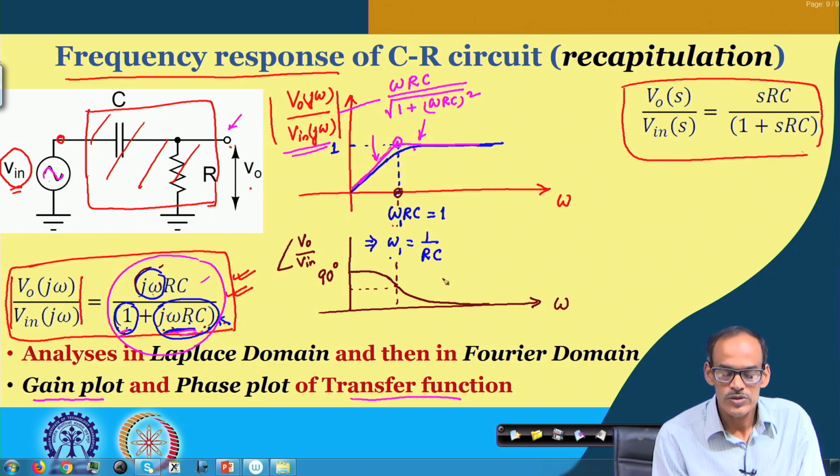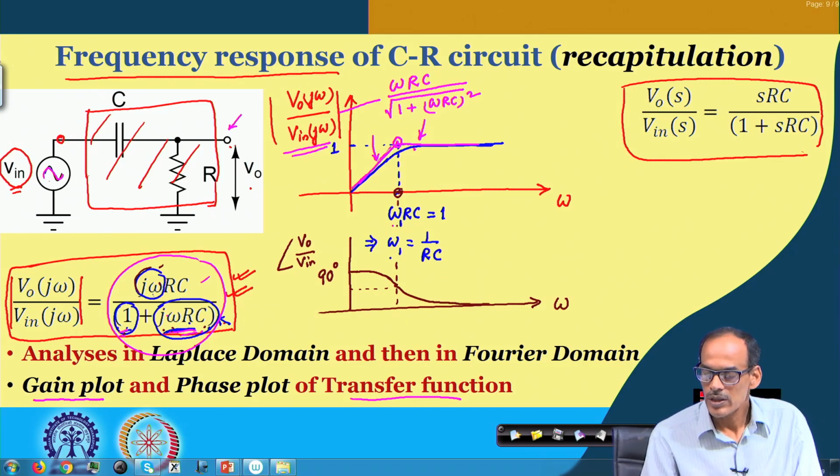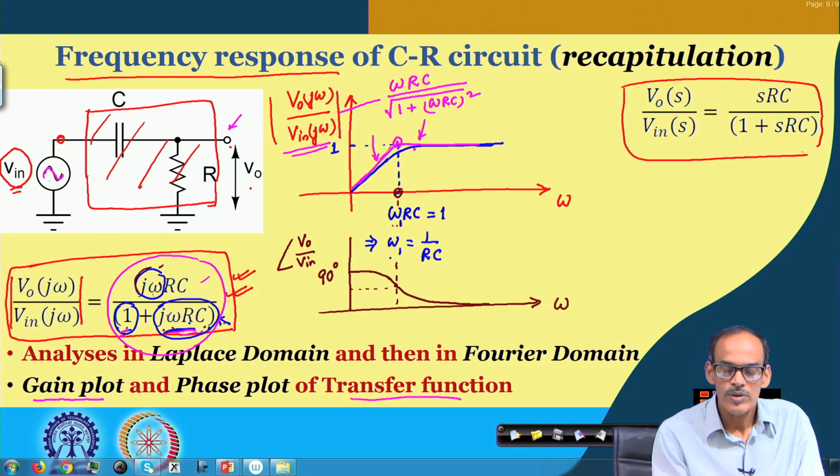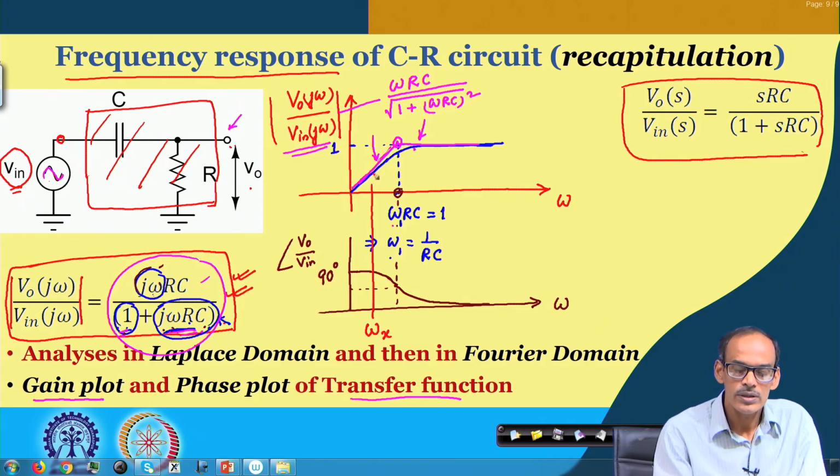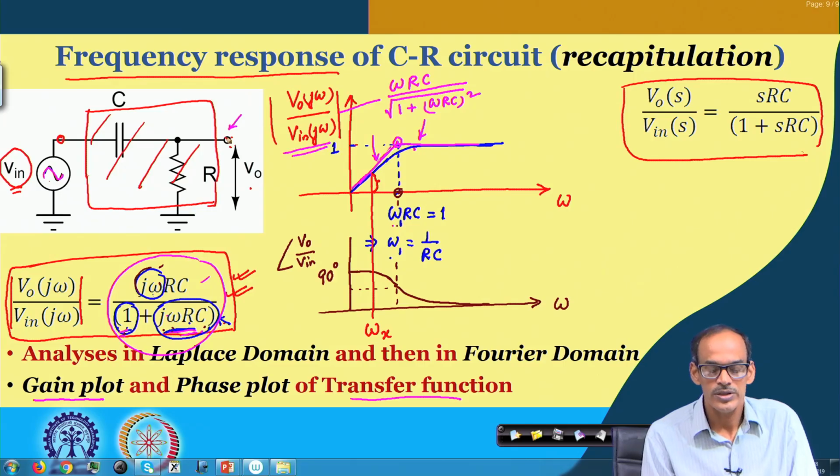So, in other words, suppose we stimulate this circuit by one frequency, maybe at this point, and say this is omega x. In the output you can see that compared to 1 this is much lower, so the amplitude will be diminishing.